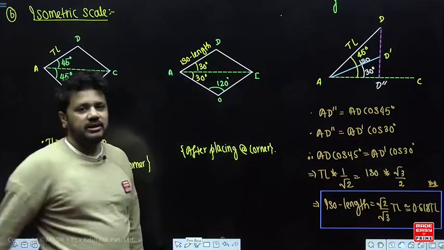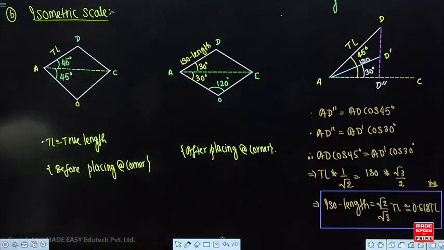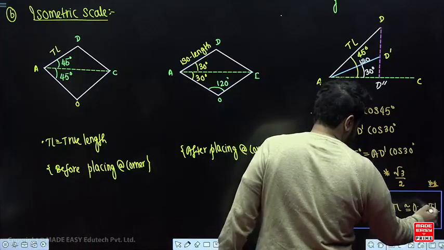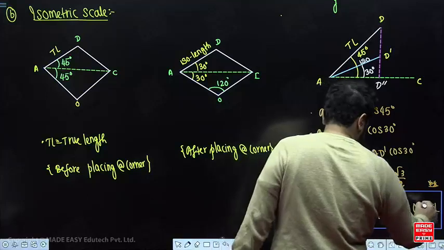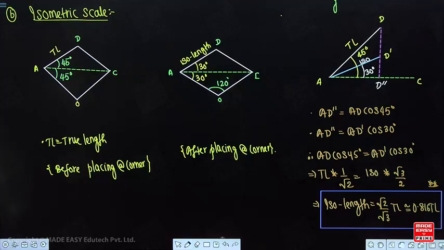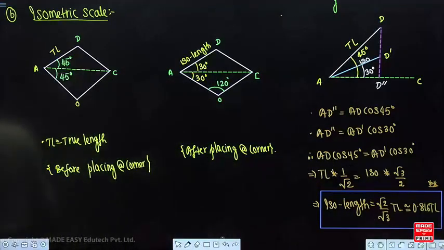So when you are going to topple it at the corner, the length that you are going to see is changed by 0.816, sorry, 0.816. बताओ क्लियर है यहाँ तक?